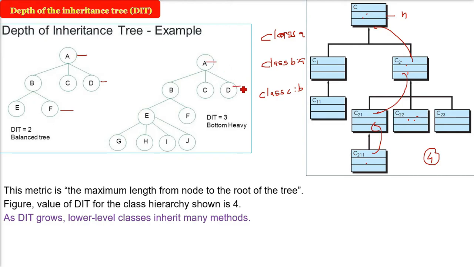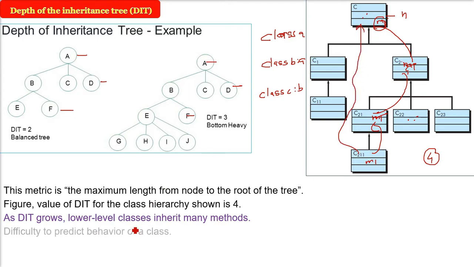Now DIT, I am showing because here you see the bottom is quite heavy. DIT 2, the balanced tree, if you see here. So we want a balanced kind of tree, because we want the inheritance to be up to a limit, should be controllable. So the depth of inheritance tree, DIT, should not be higher than what we are expecting.